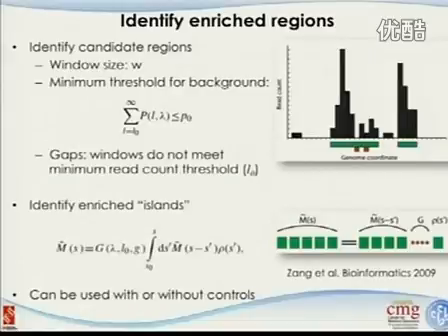Does that make sense? So in the first stage, they divided the genome into different bins, and for each individual bin, just count the number of fragments that fall into it. And if it's above a certain threshold, they will consider that a good bin, right? This is the enriched bin.